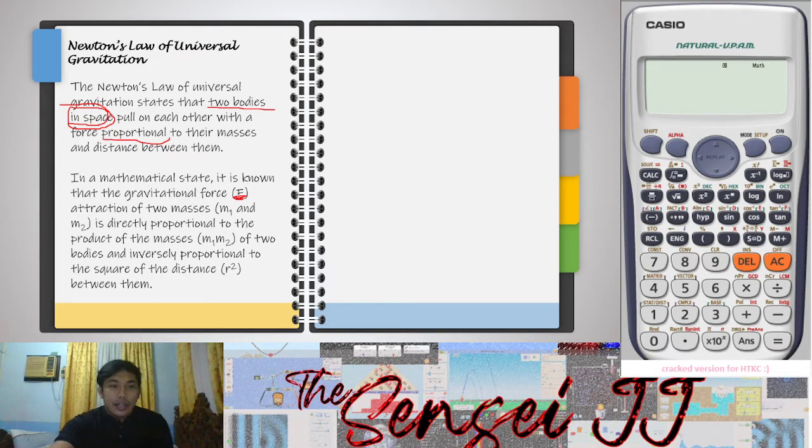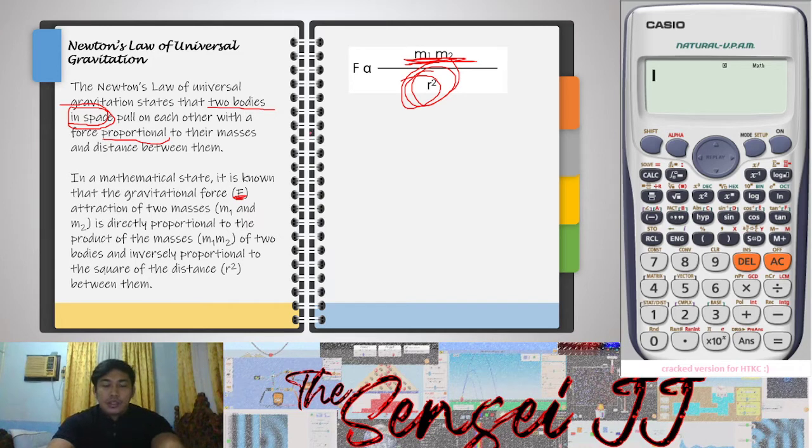It is directly proportional to the product of the masses of the two bodies and inversely proportional to the square of the distance between them. So we have here F is directly proportional to the product of the masses, and inversely proportional to the square of the distance between them.